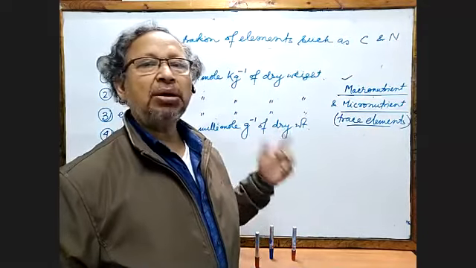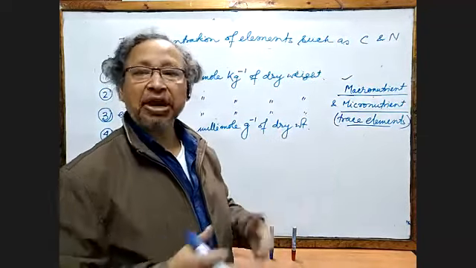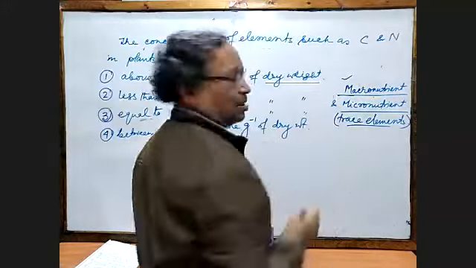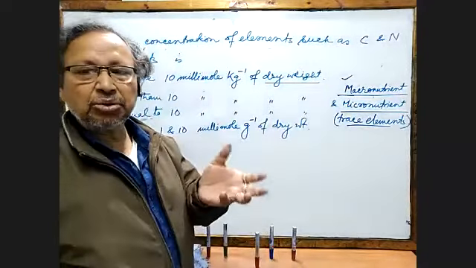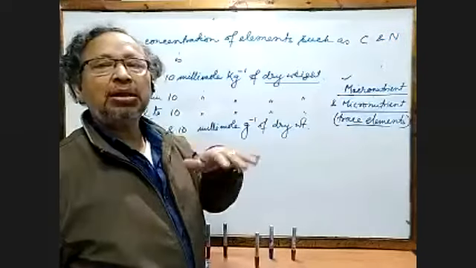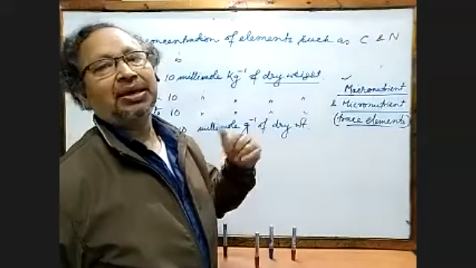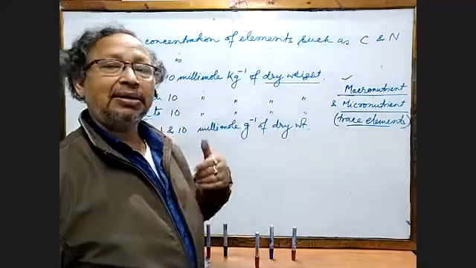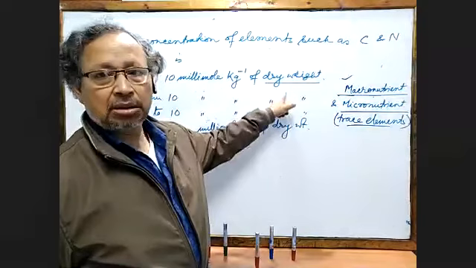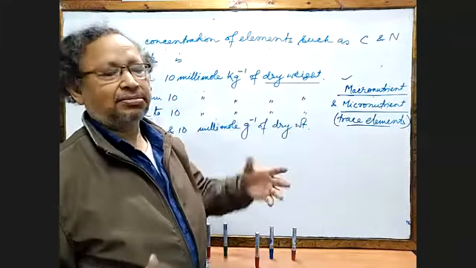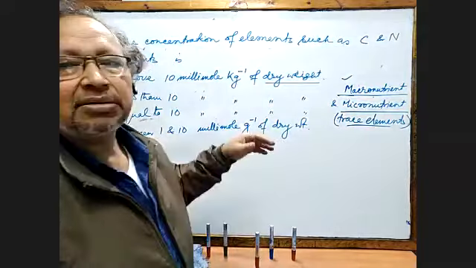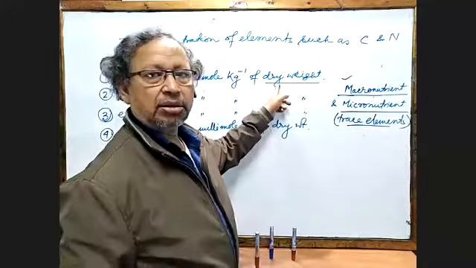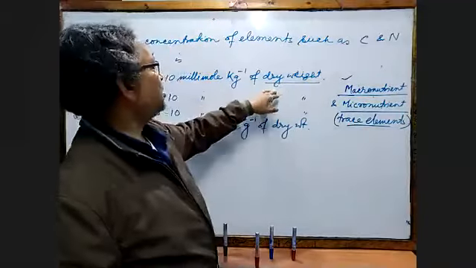And in the body of the plant, not as a fresh body, but on a dry weight basis. That amount of tissue is dried up when almost all water and all volatile substances are evaporated, and that is known as dry weight. And when a plant is just taken and weighed, it is called the fresh weight. So it is based on dry weight, not on the basis of the fresh weight, per kg.